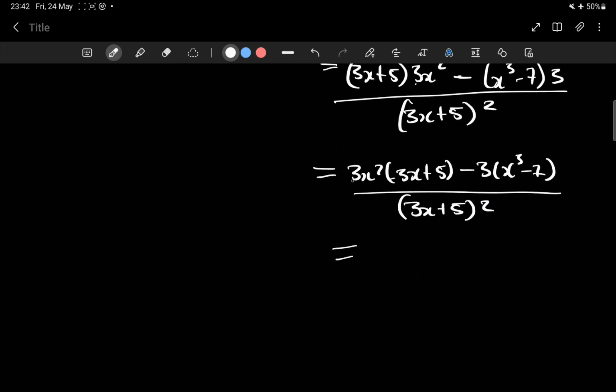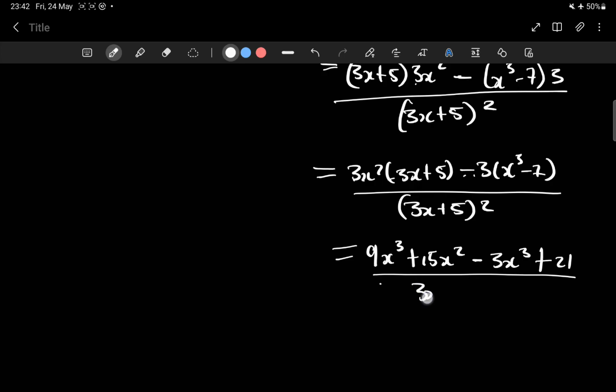We expand and simplify the top. 3 by 3 is 9, x squared times x is x to the 3, because you add the powers. Plus 3 by 5, 15x squared, it comes as it is. Then minus 3 times x cubed is minus 3x cubed. Minus 3 times minus 7, both are negative so the answer is plus, 3 times 7 is 21. All over 3x plus 5 all squared.